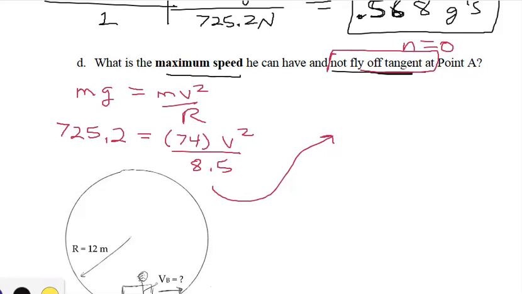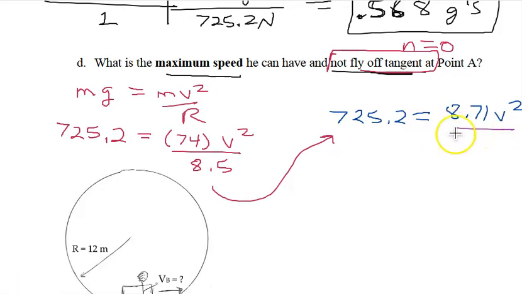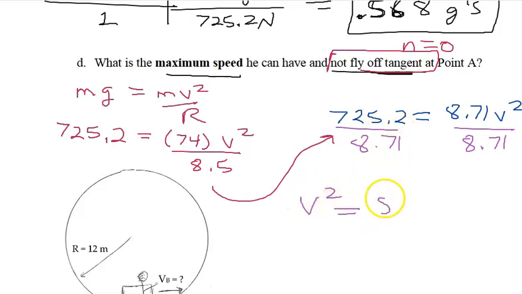Okay, and then that turns into 725.2 equals 8.71 v squared. Divide both sides by 8.71, and you get v squared equals 83.3. Take the square root of both sides, and you get 9.12.